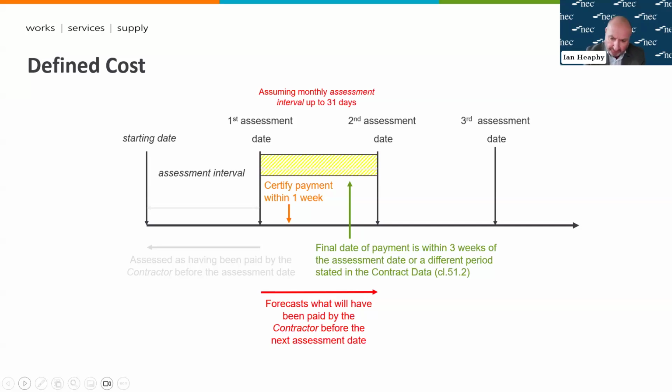The reason for that forecast being included is to improve the contractor's cash flow, because under the standard contract, it would take a week to certify payment, and up to 3 weeks from the assessment date to make payment, and that period could be extended in contract data. So by the time the money is actually going into the contractor's bank account, they will have expended nearly all or potentially all of that forecast.